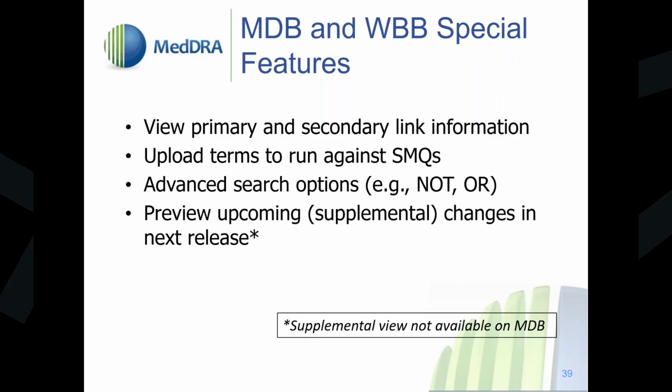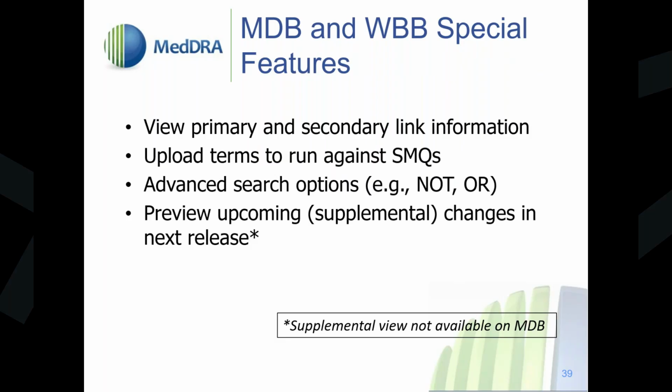One of the advantages of the desktop browser is that you download it to your desktop, and then you can operate in it without even being connected to the internet. But when you download the desktop browser and you want to work in it, it's empty of all MedDRA files. It has all the functionalities, but it doesn't have MedDRA files. So you need to decide which MedDRA files you want to work in, which MedDRA versions and which languages, and then download them into the desktop browser.